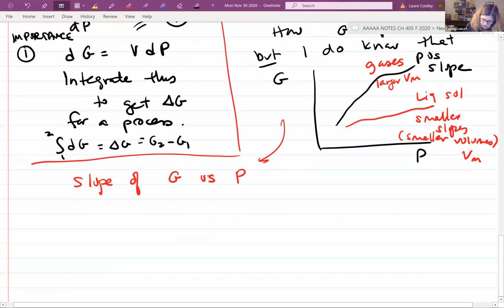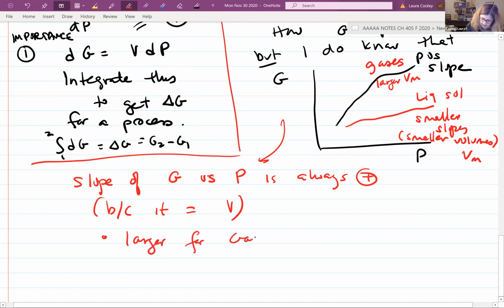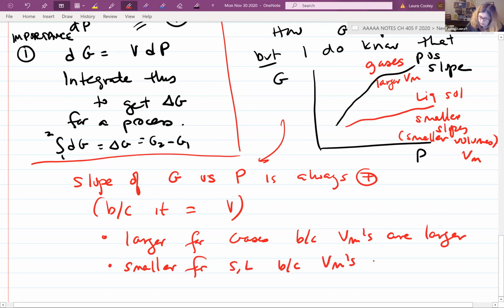This is one thing. So the slope of G versus P is always going to be positive because it equals V, but it's going to be larger for gases because molar volumes are larger, and smaller for solids and liquids because their molar volumes are smaller.